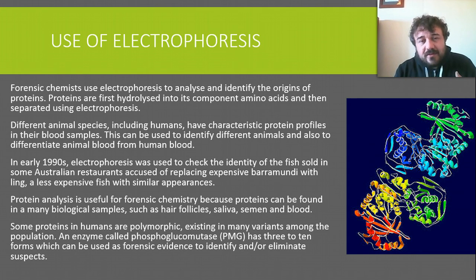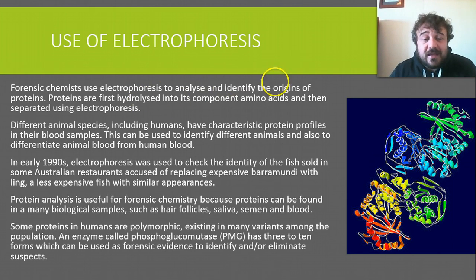However, polymorphic means there are different forms, different morphologies of certain proteins. And what's really interesting is that for some proteins, if we can find samples of them in the blood or in the flesh or whatever, you can use it to narrow it down to groups of people. So you'll find one person, you'll get 5 or 6 polymorphic proteins.